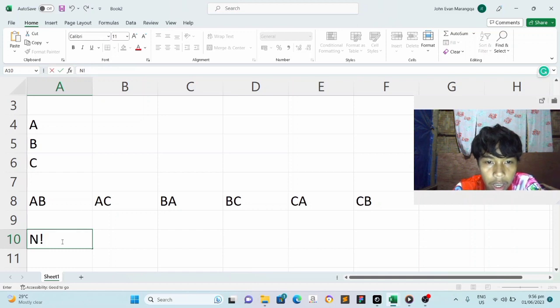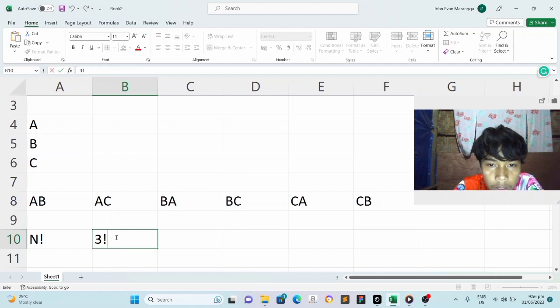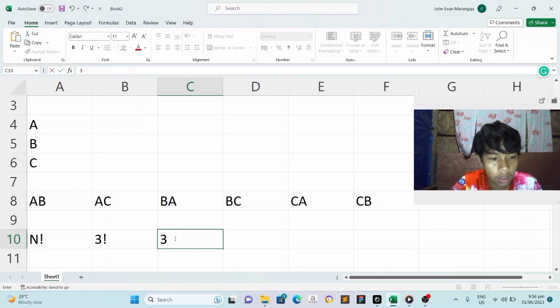In this case, 3: A, B, and C. Applying the formula, we have 3 factorial, which equals 3 times 2 times 1, which is equal to 6. Therefore, there are 6 possible arrangements when selecting objects from a set of 3 without repetition.